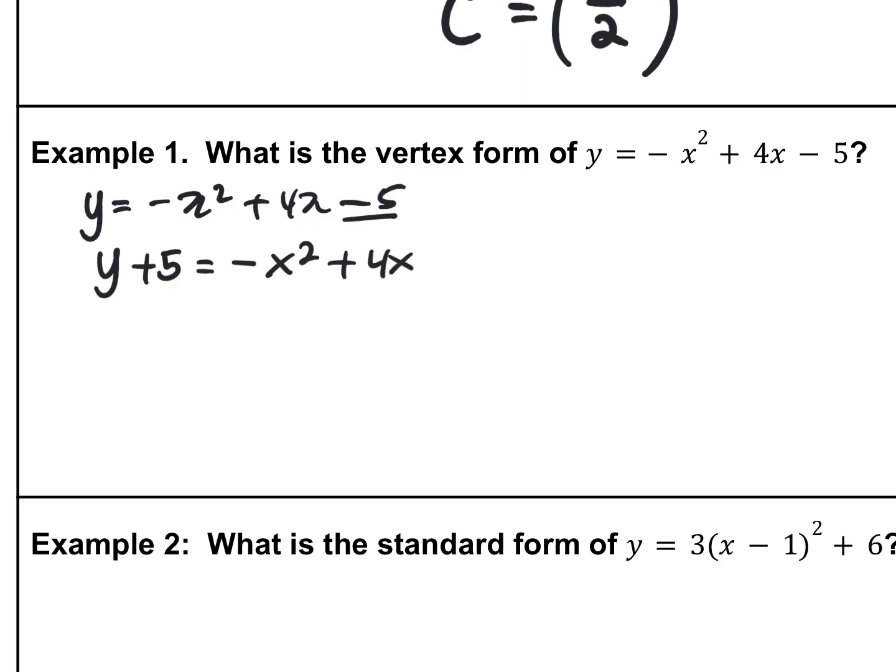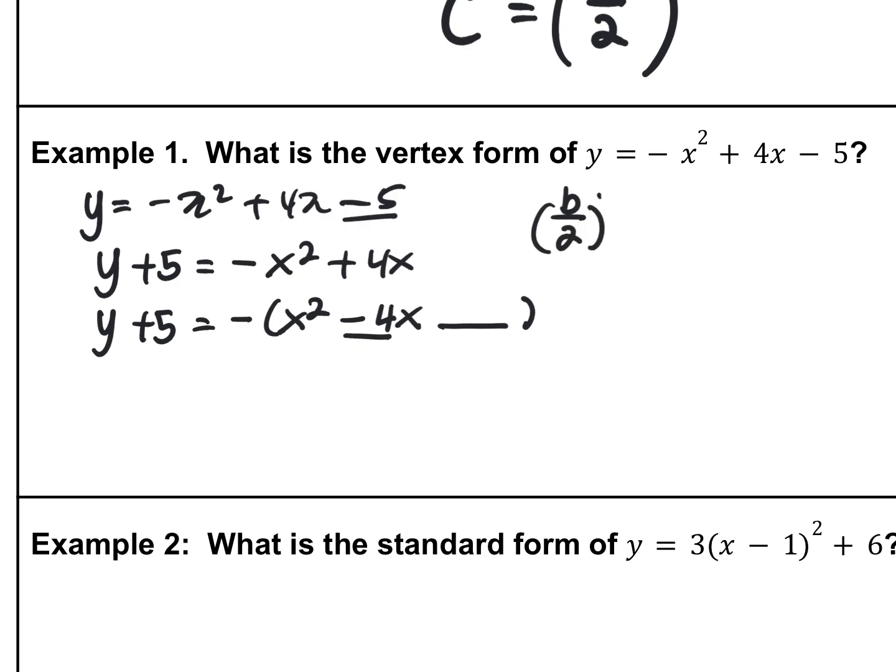Okay, I'm going to now complete the square. This is still a y plus 5, but before that, I'm going to factor out the negative. Negative, it's going to be x squared, and it's going to give you minus 4x. Now I'm going to complete the square in here, the one missing, in order to have a perfect square trinomial. So to get that one, I'm going to get the middle part, which is negative 4 divided by 2, and then square it.